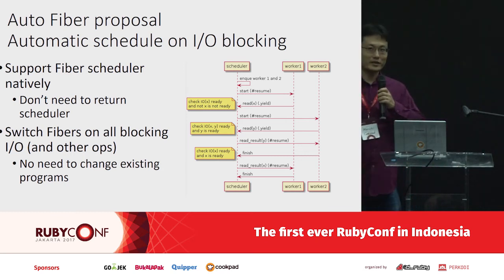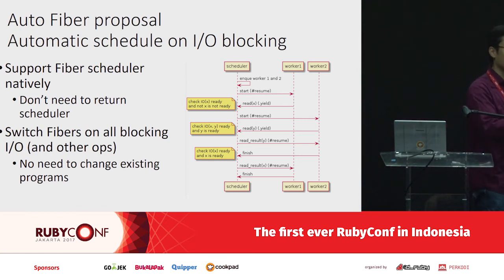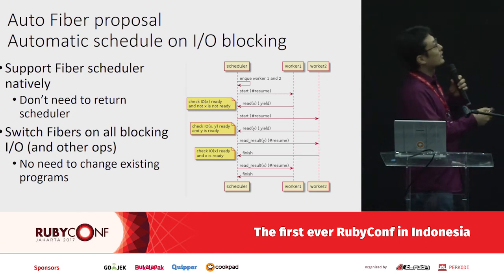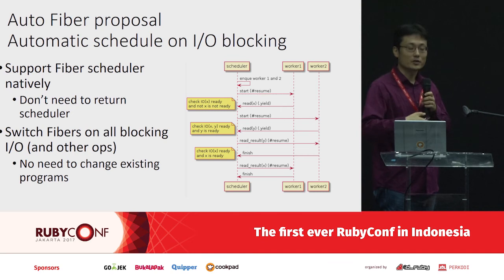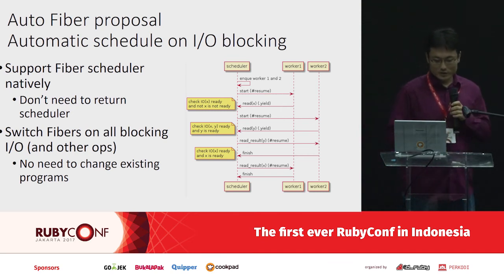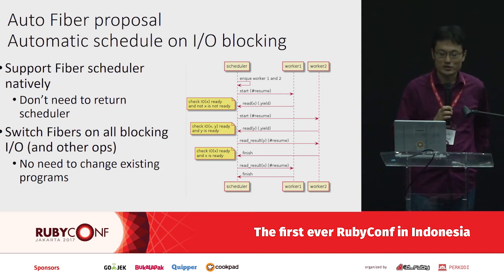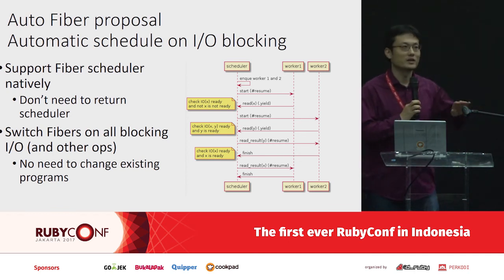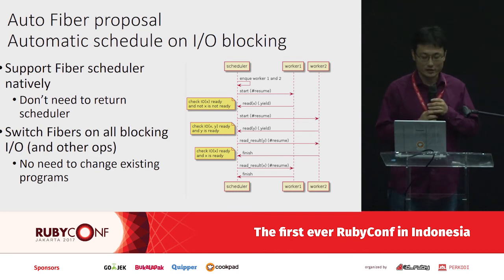We make several fibers, and when one fiber blocks at some blocking operation or sleep or something like that, it switches to the next fiber automatically. The advantage of this feature is that we don't need to change any existing source code, so we can run our applications on AutoFiber.